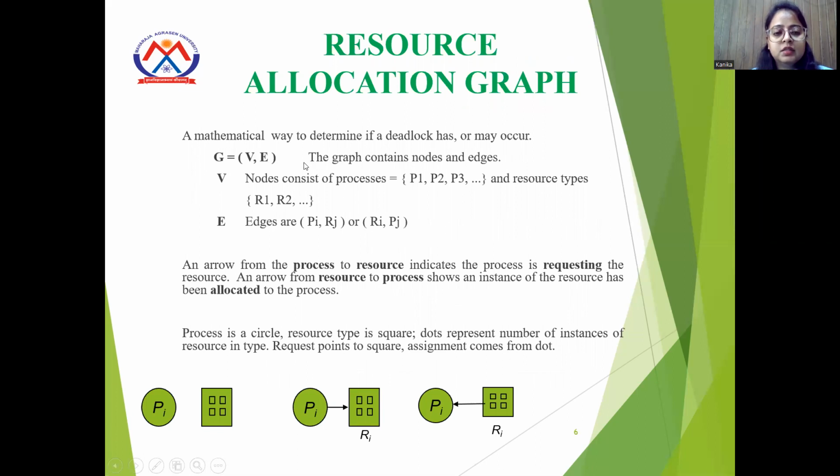The graph contains V, meaning nodes, and E, meaning edges. The nodes consist of processes like process P1, P2, P3, up to Pn, and resource types R1, R2, up to Rn. And E are the edges, of the form Pi to Rj or Ri to Pj.